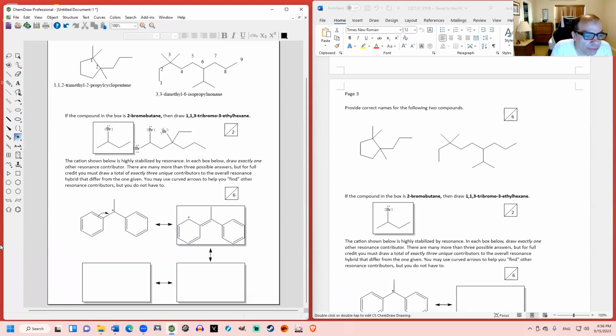Put the plus charge over there. This is kind of bad form, doing two arrows in the same structure, but we could also have moved that one over. That would give us this.